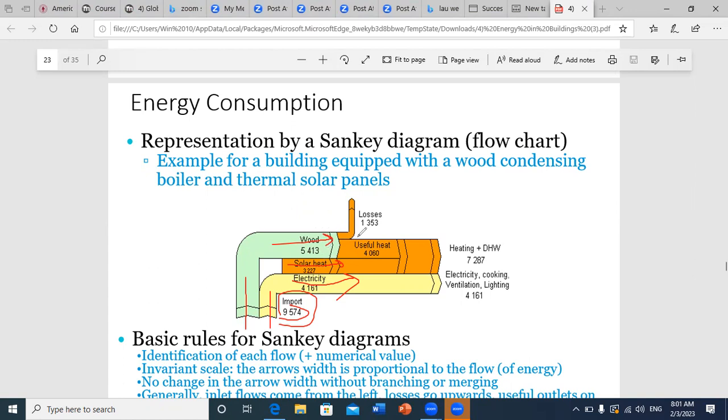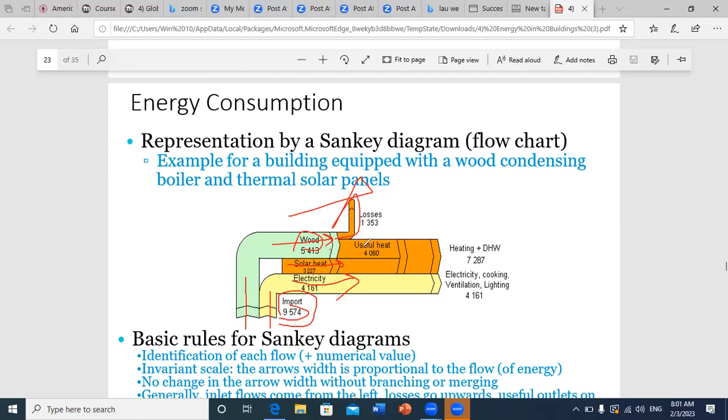Now, in this diagram, you should determine the possible losses. Of course, with wood you will have the major losses, because in combustion you have a lot of waste energy. The wood can have a humidity level, so you will lose energy to evaporate water. Plus, you have exhaust gases that lead to some losses.